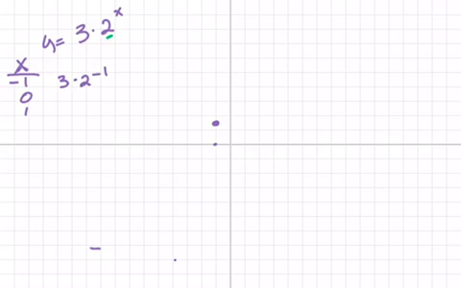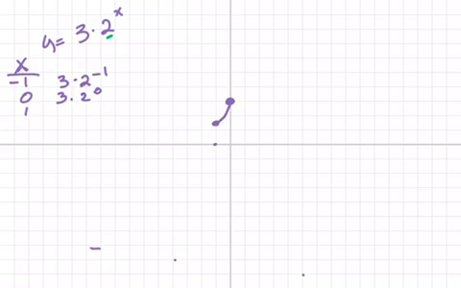When x is 0, I'm going to go 3 times 2 to the 0 power. Well, 2 to the 0 power is 1, and 1 times 3 is 3. So when x is 0, y is 3. All right, so far so good.